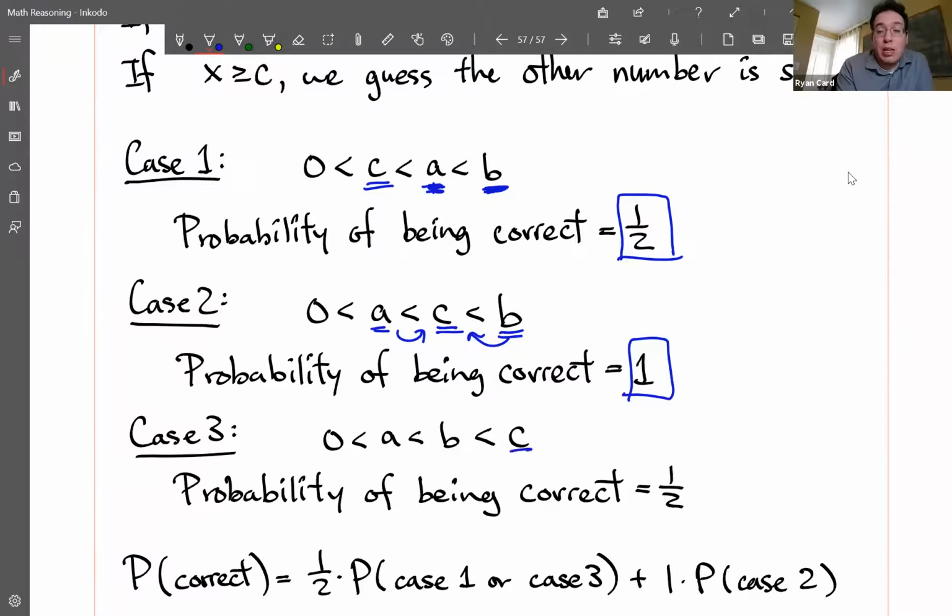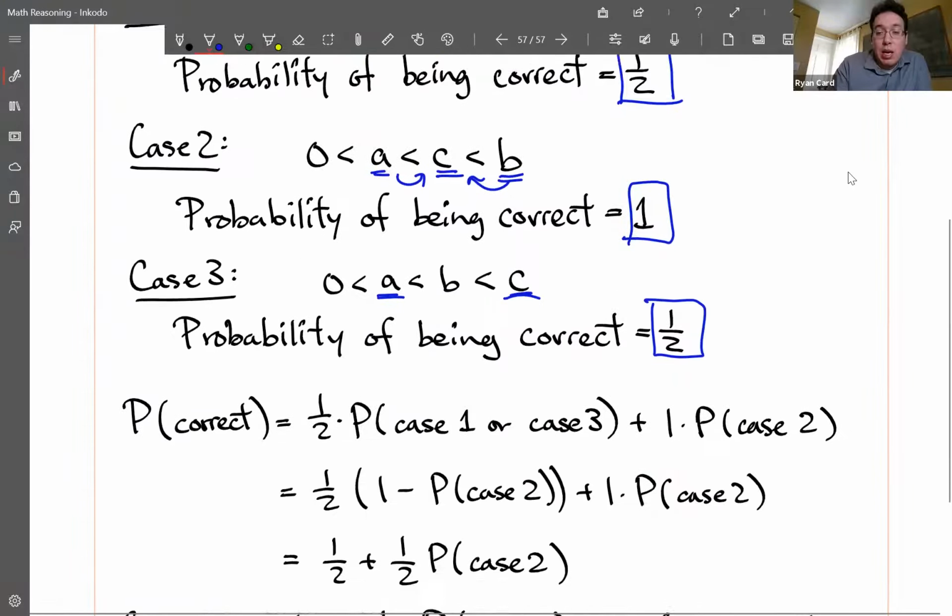If the number we generate is larger than the two numbers, it's similar to case 1, except at the opposite end. We'll be correct if we were lucky enough to pick the lower number, and the probability of being correct is 1/2.